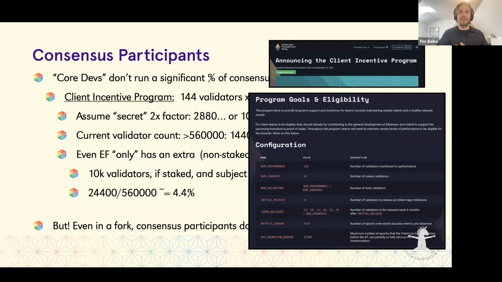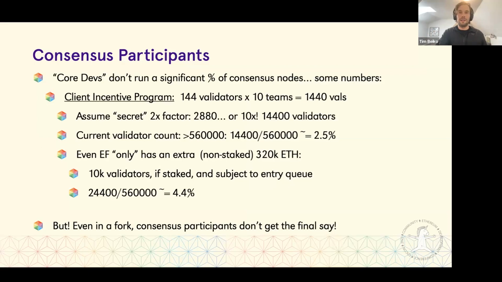So imagine we have 10 teams, they get 144 validators, that's roughly 1.4 thousand validators. But assume that they had some secret validators, that are not part of the program that was announced by the EF. Say they had 10x more than that. So you go from 1.4K to 14K validators.